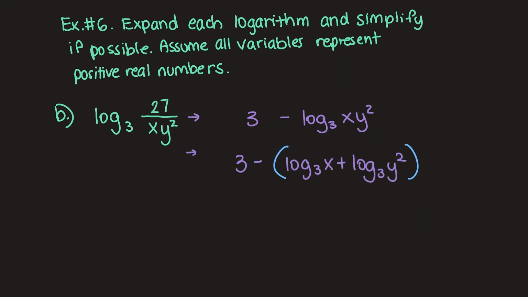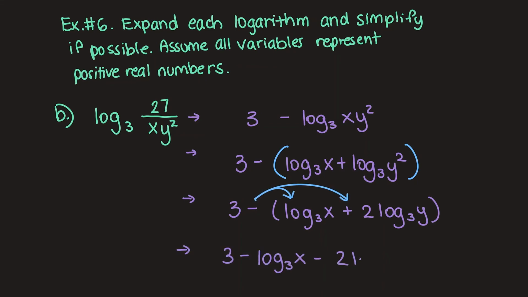And make sure to put this in parentheses since we have a subtraction sign in front of this. And we can use the power rule here for this log and rewrite it as 2 times log base 3 of y. Now we distribute the minus, and our expression simplifies to 3 minus log base 3 of x minus 2 log base 3 of y.